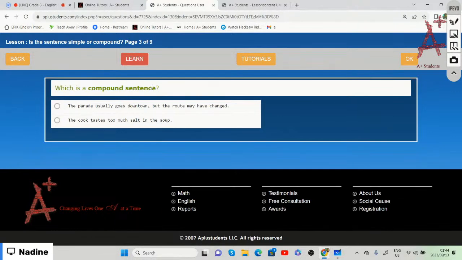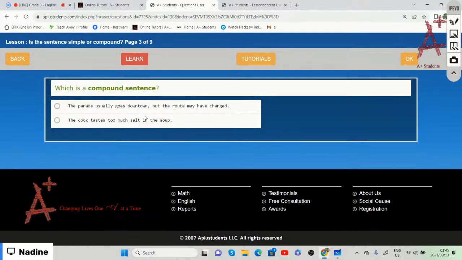Which is a compound sentence? The parade usually goes downtown, but the route may have changed. Or is it the cook tastes too much salt in the soup? So, which is a compound sentence?